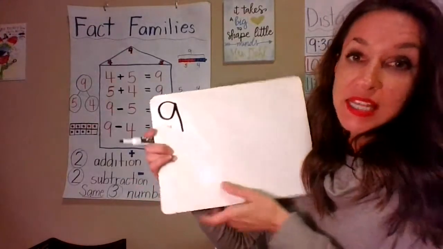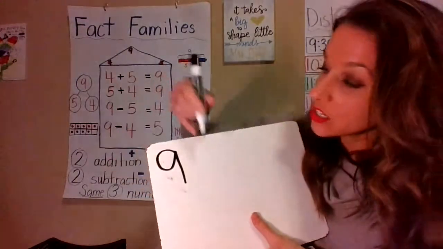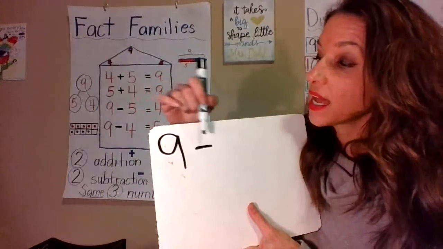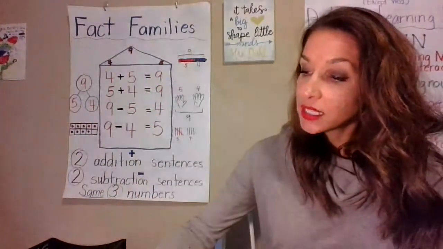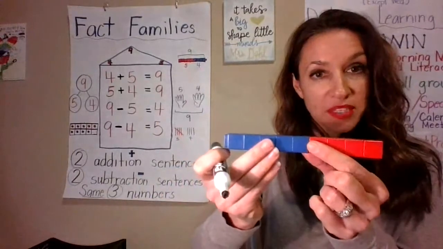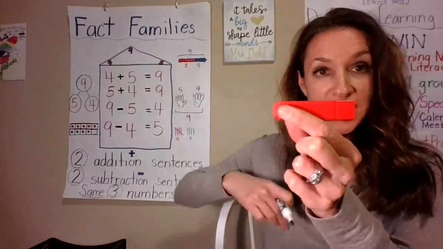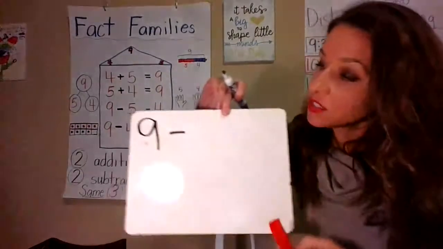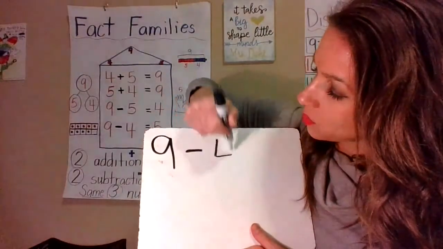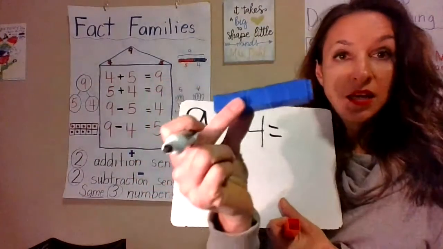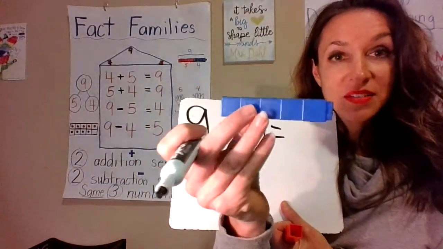And since we're going to take away one part, we're going to use a minus or subtract sign. So 9 take away, I'll take away my red ones first, which there are 4 red ones. So I'm taking away 4. So 9 take away 4 equals my 5 blue ones.